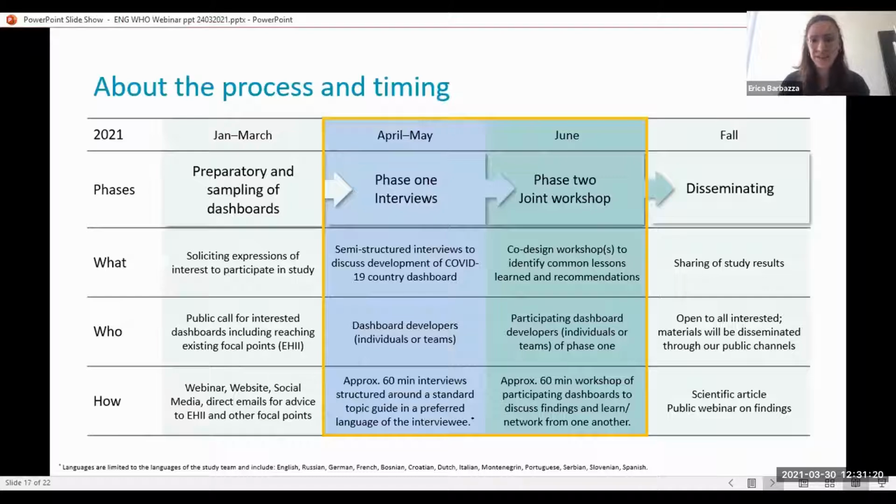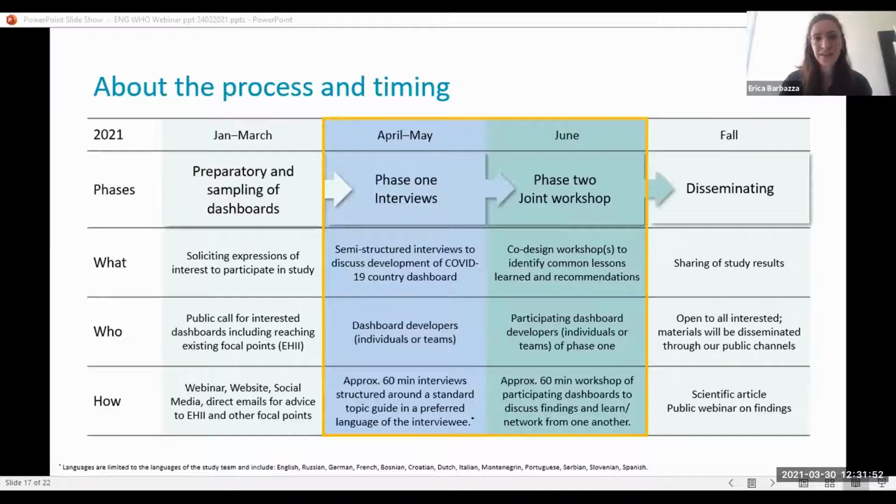So the study is designed around two key phases that begin and end with webinars like this. Since the beginning of this year, we've been working to set up the study and developing the study materials. And more recently, we've begun to reach out to the existing network of European health information focal points, as well as other contacts in our network, to identify and connect directly with the dashboard teams in the European countries.